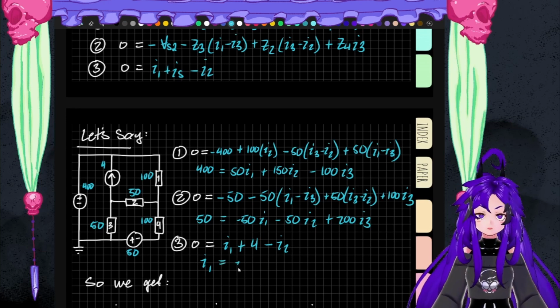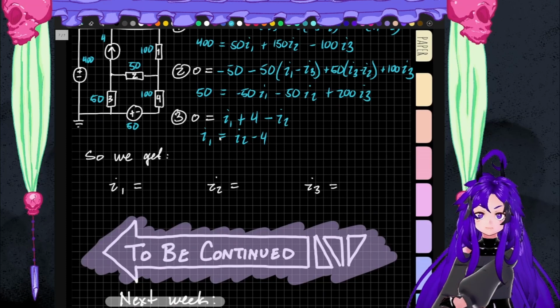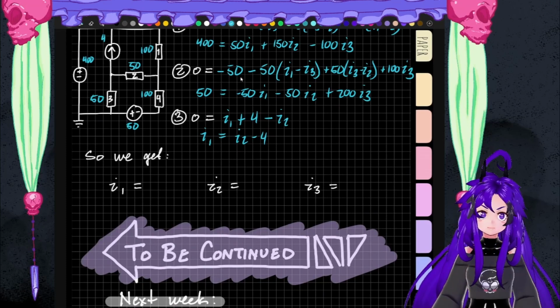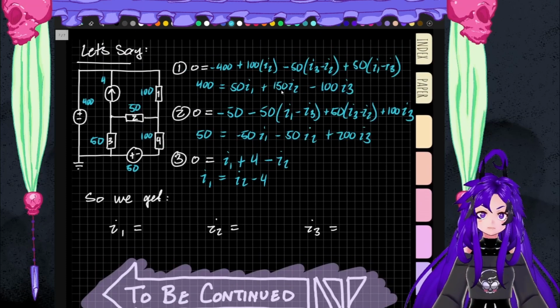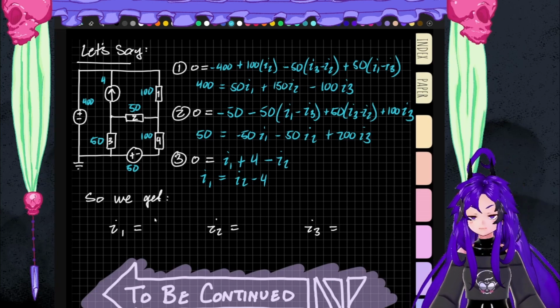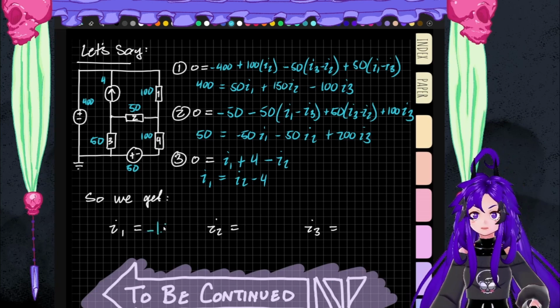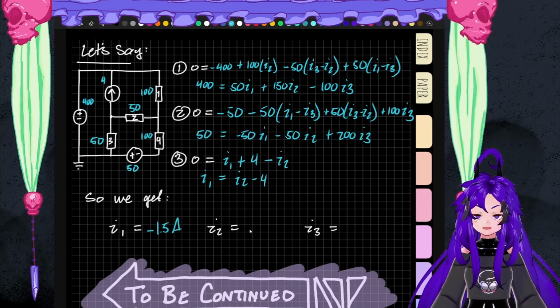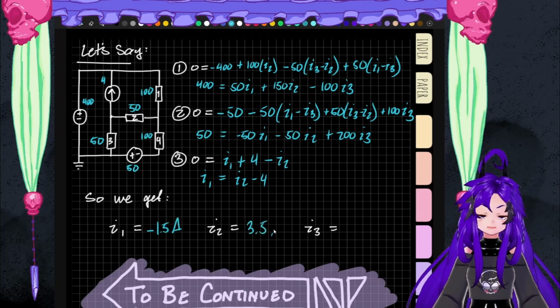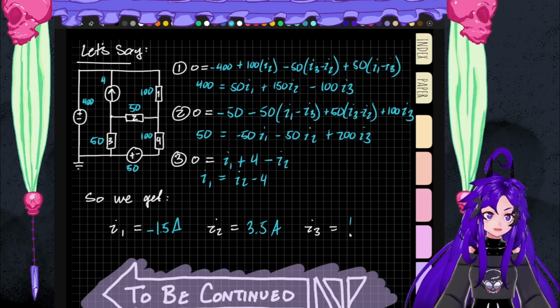So I1 equals I2 minus 4. If we do all of the algebra to get through this, or plug it into a solver, we're going to get I1 equals minus 1.5 amps, I2 equals 3.5 amps, and I3 equals 1 amp.